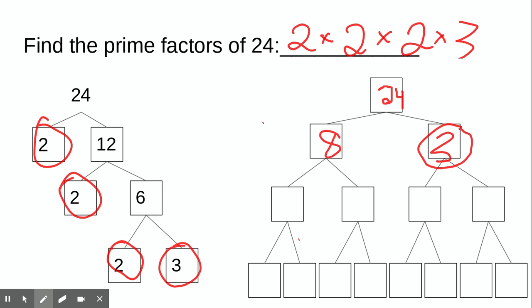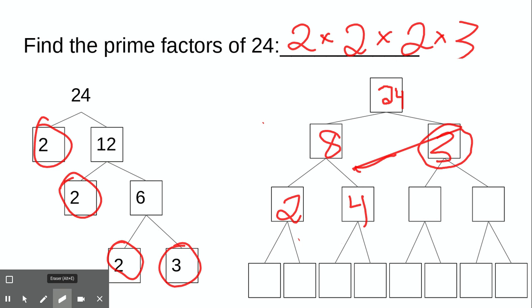Now let's factor out this 8. What are two numbers that we can multiply together to get 8? 2 times 4 is equal to 8. Now we need to ask ourselves the question, is 2 a prime number? 2 is a prime number, so we can circle it.